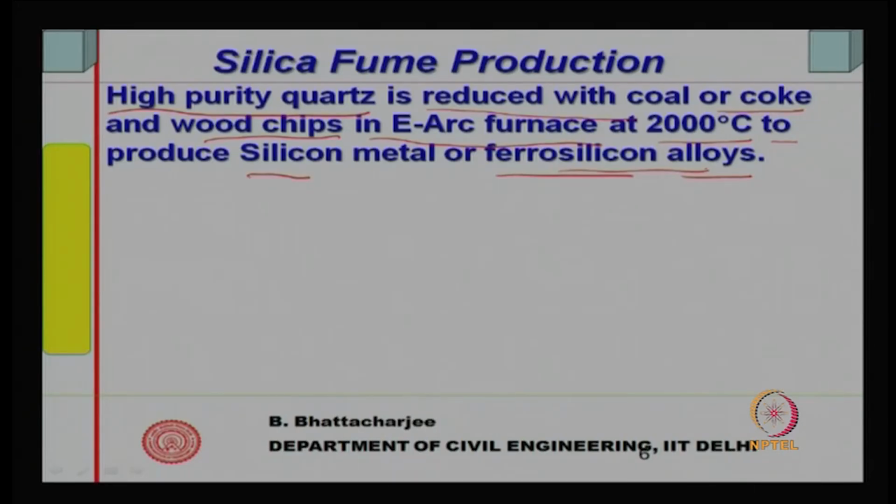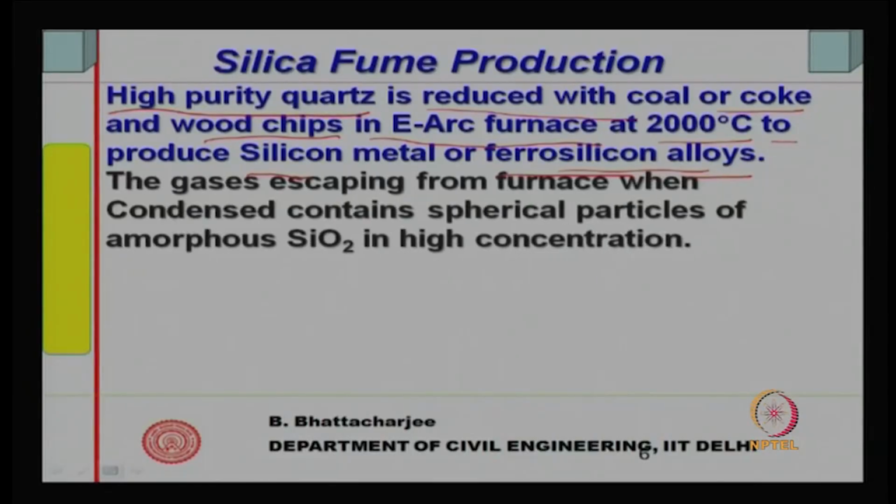The semiconductor industry uses silicon and ferrosilicon. So, whichever industry uses silicon and ferrosilicon in their production, essentially quartz, that is SiO2, is reduced to Si using carbon or coke or coal or whatever it is in an electric arc furnace.